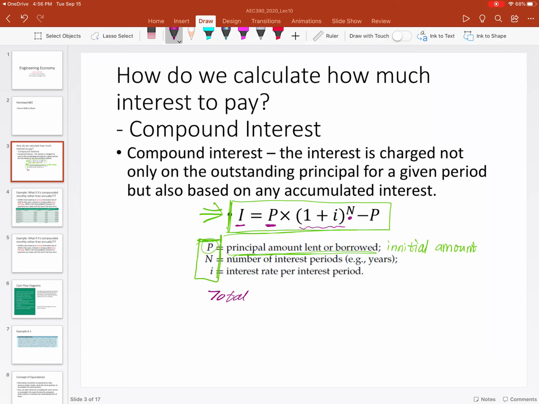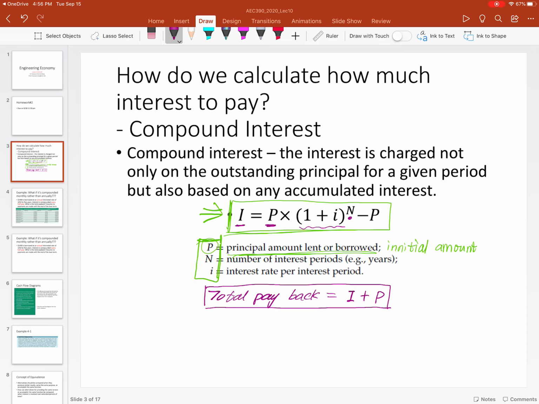We said the total payback should be the total interest plus the principal, or the initial amount you borrowed. This is what we learned in the last class.